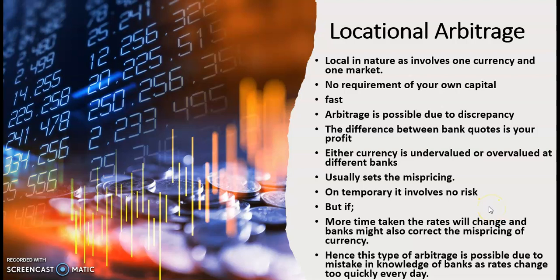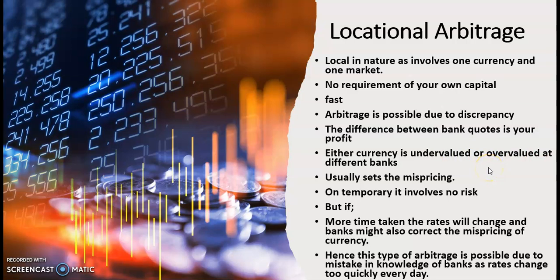As soon as the banks become aware of the differences in their quotes, they might align their rates, or the equilibrium might align the changes. So you have to be quick and you cannot take the risk of delaying for a longer period of time. Now, having said that, let's see how we can locationally arbitrage.